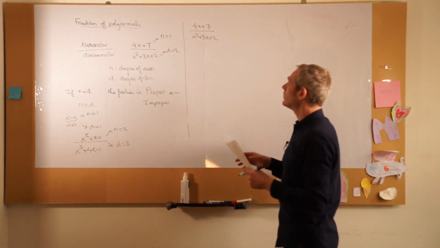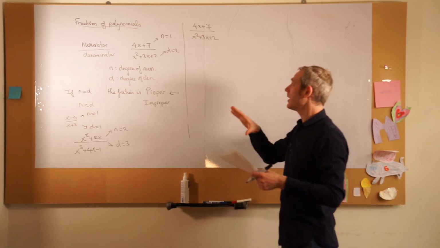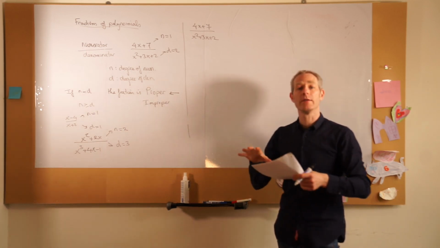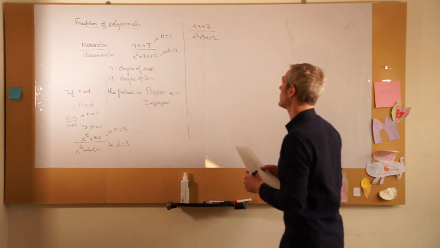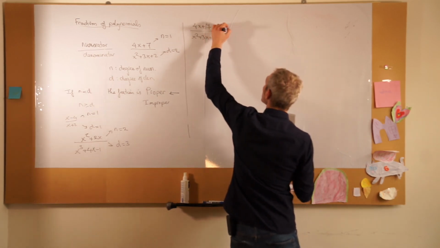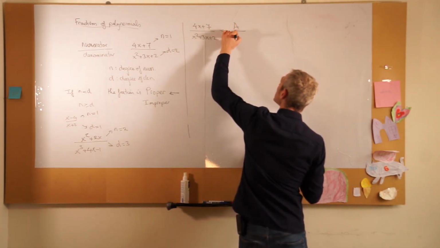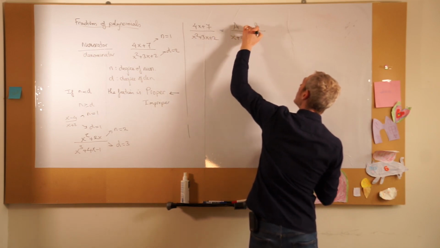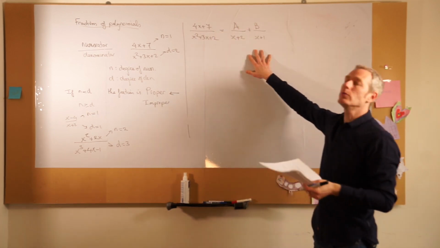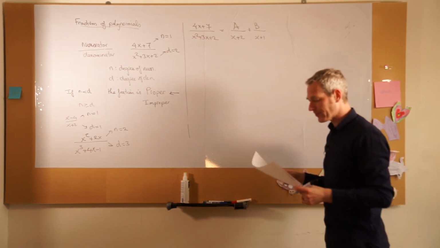We want to rewrite this in terms of partial fractions so we can use the inverse Laplace transform and find our solutions. So this will be something of the form a over (x + 2) plus b over (x + 1). But how do we get to these partial fractions?